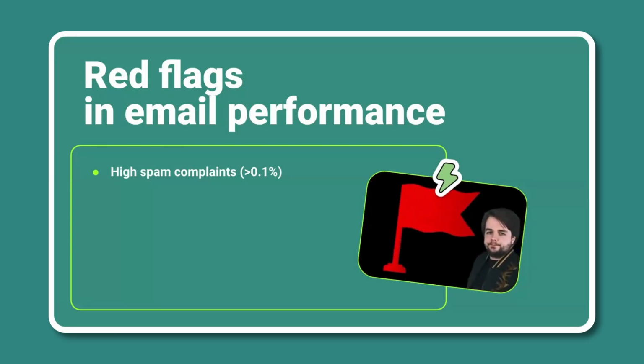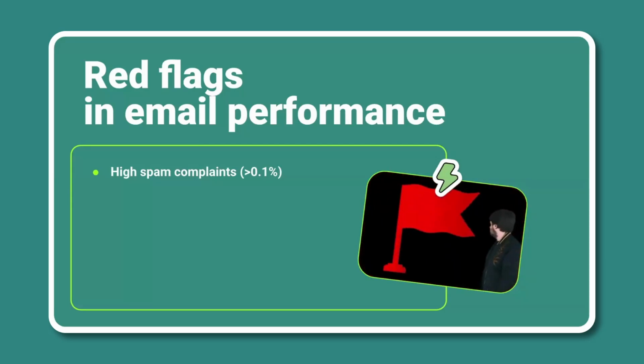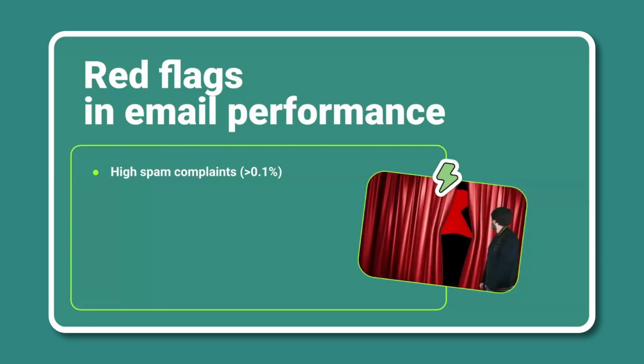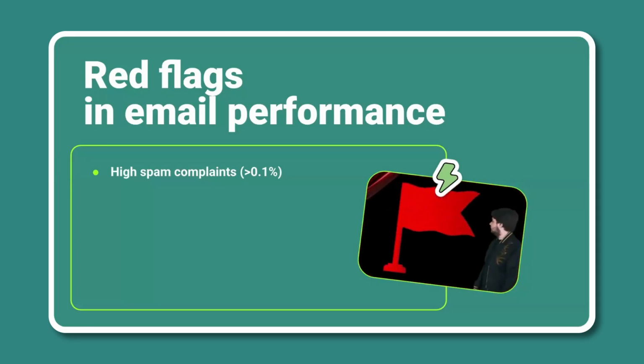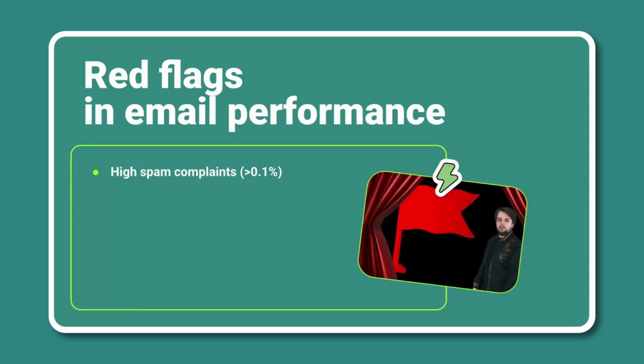And again, I will mention that the maximum allowed threshold is 0.3%, but you need to stay below that at all times, because if you reach that, you're already in trouble. I know it sounds tiny, but it's indeed what works. And if you want to maintain consistent inbox placement, you should aim for that number.